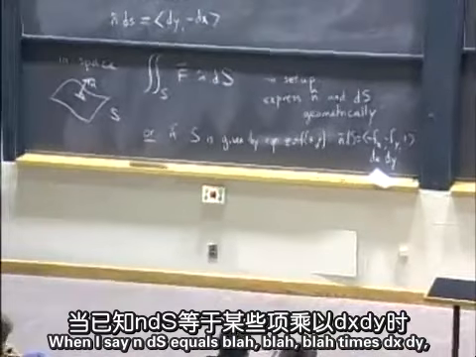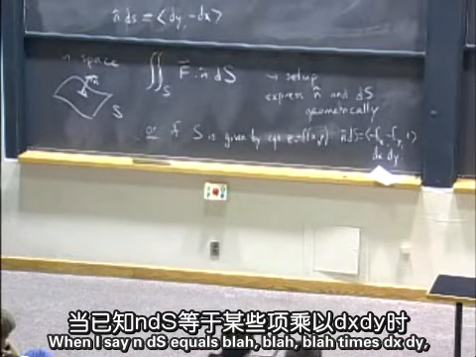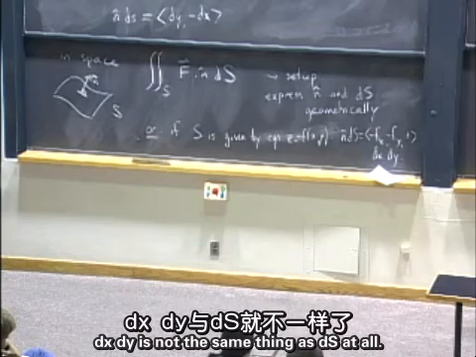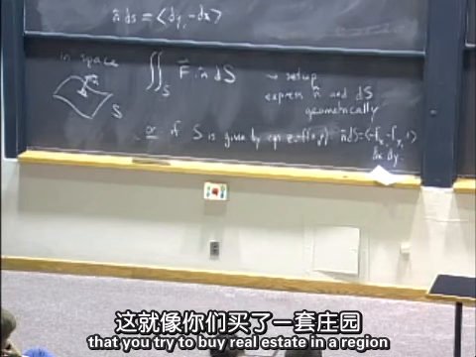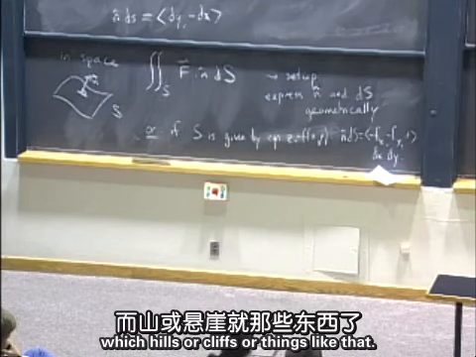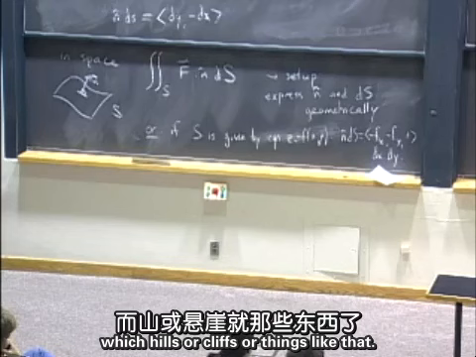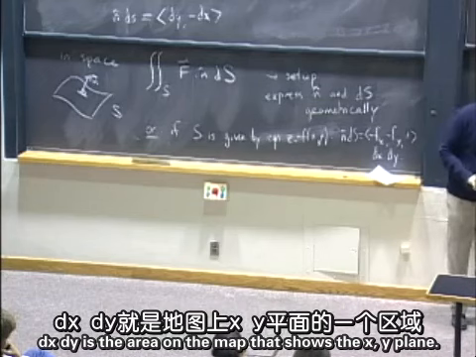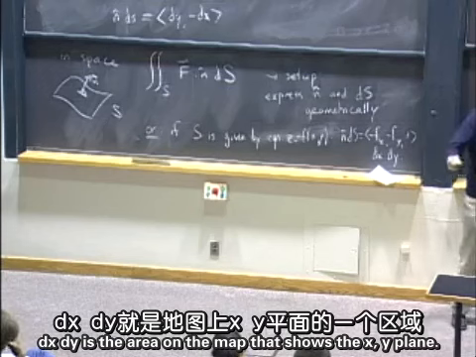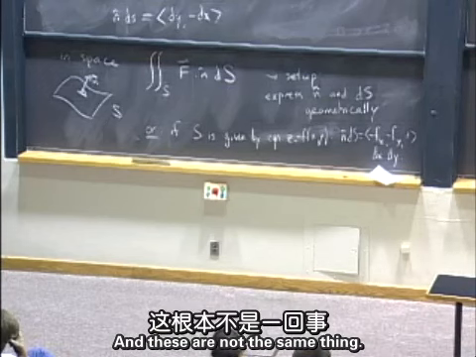When I say N dS equals blah blah blah times dx dy, dx dy is not the same thing as dS at all. If you make that mistake, you're going to get into trouble the next time you try to buy real estate in a region with hills or cliffs or things like that. dS is the area on the slanted surface. dx dy is the area on the map that shows the xy plane. And these are not the same thing.